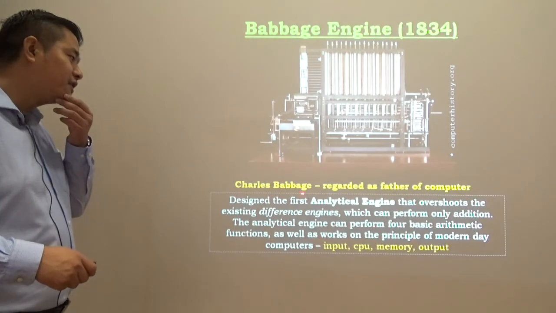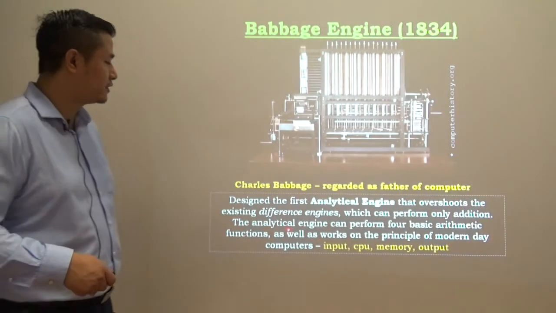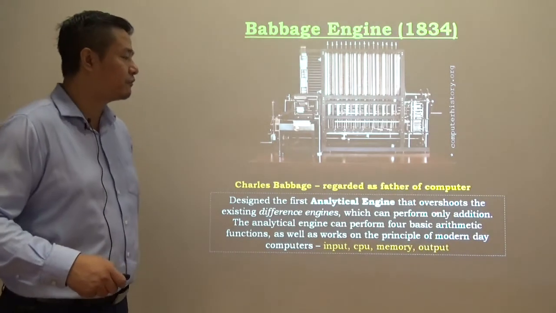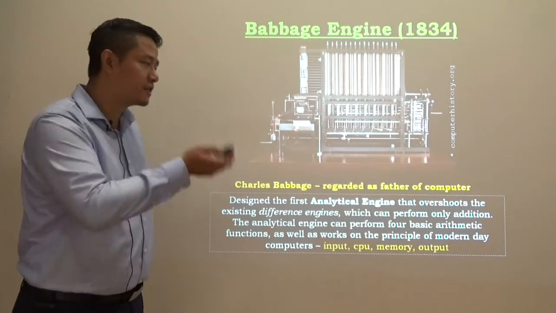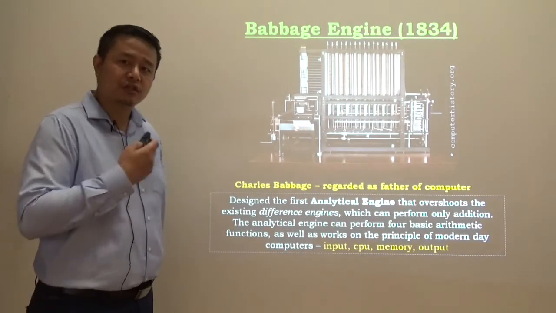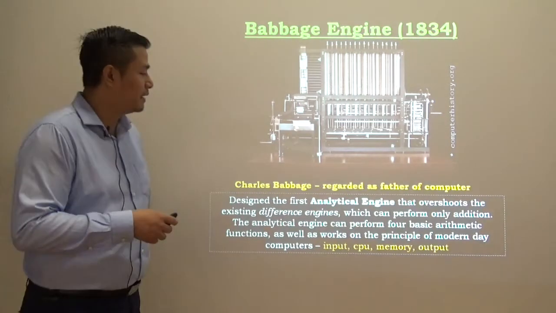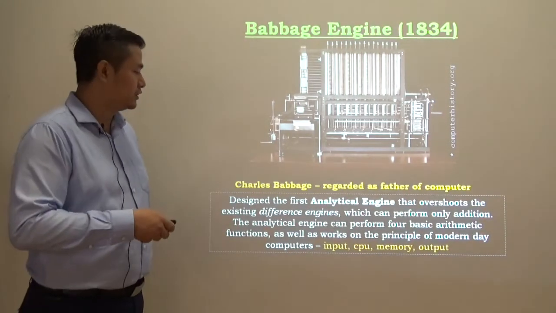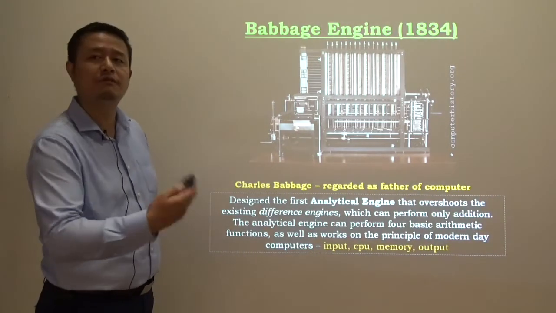He designed the first analytical engine that overshoots the existing difference engines, which can perform only addition. So difference engines, which we have discussed before, perform only addition, so they are called difference engines. But this Babbage engine, or the analytical engine, some people regard it as difference engine version 2.